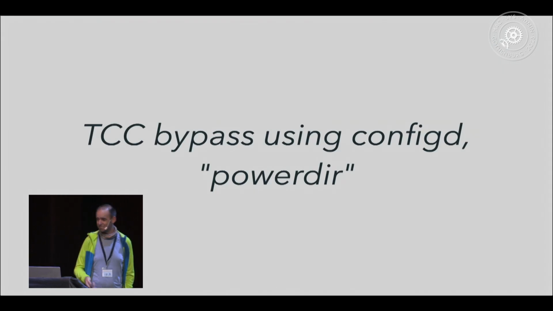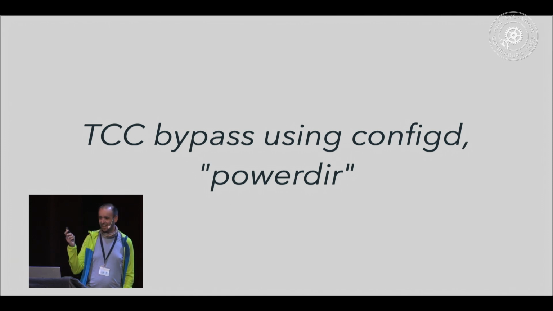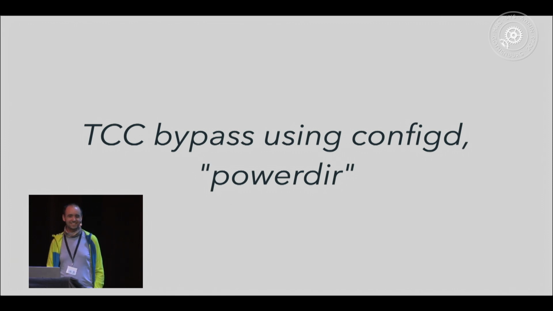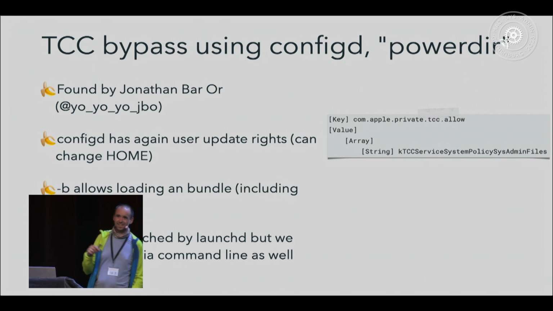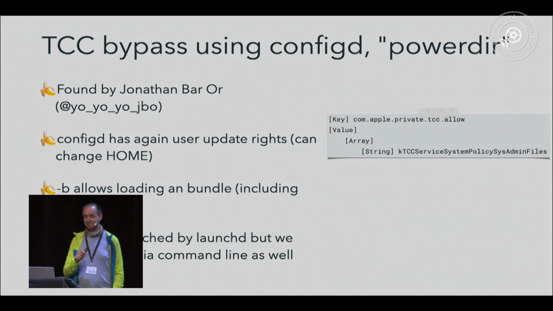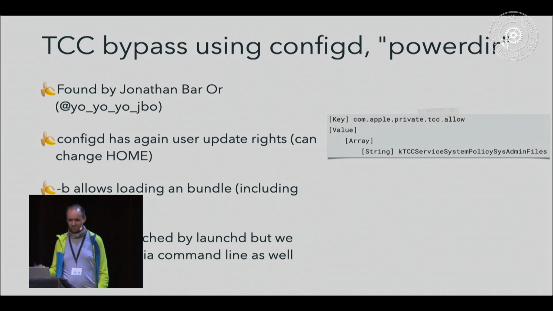Another TCC bypass. I told you I'm a big fan of TCC. So config.d, this exploit was named PowerDeer. It was found by Jonathan Barr from Microsoft. Config.d had the very same TCC private entitlement that allowed it to change admin-related stuff on the system.